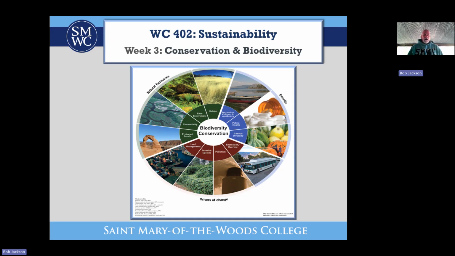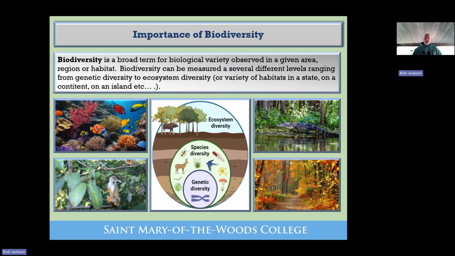this little unit's on conservation and biodiversity. Okay, biodiversity, we see many examples of biodiversity in the world, it'll be different relative to where you're at. Okay, like if you're in Indiana or in Illinois, you see the most biodiversity in the woodlands.